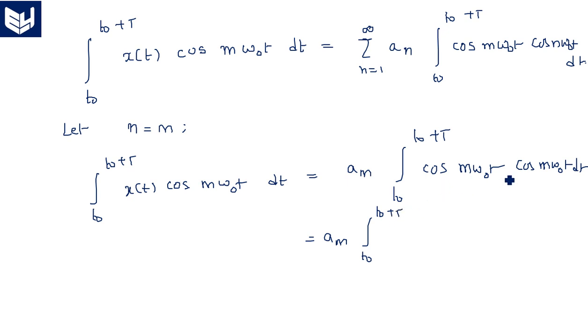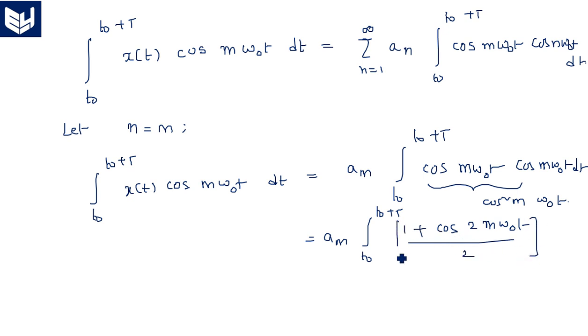Now this is equal to am integral t naught to t naught plus capital T, and this becomes cos square m omega naught t. So how to write cos square theta? We can write it as (1 plus cos 2 theta) by 2. So (1 plus cos 2 m omega naught t) by 2 into dt. Now if you apply integration, it is integral of 1 by 2 dt plus integral of the cosine term.